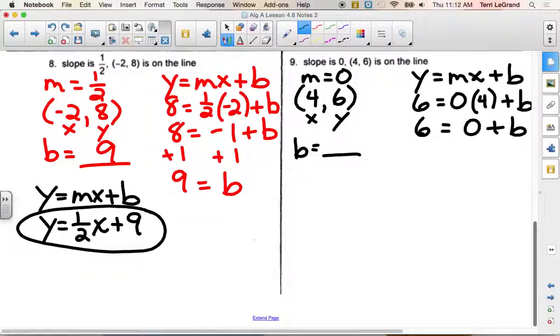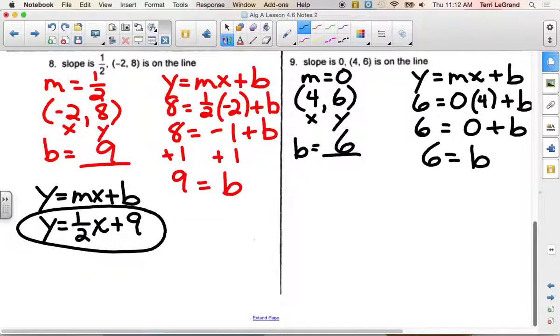What's 0 plus b? b. Do we even need to subtract 0 from both sides? No, 0 plus b is just b. So make sure you can tell the difference between your b and your 6. Did you get 6 for b? Yes. Okay, so now we have our b value.